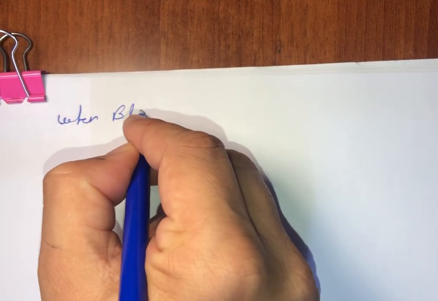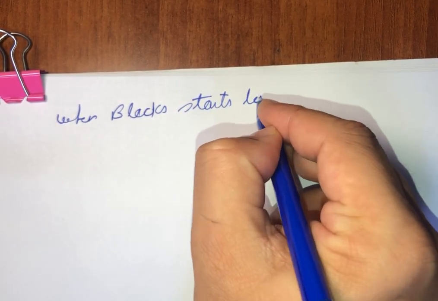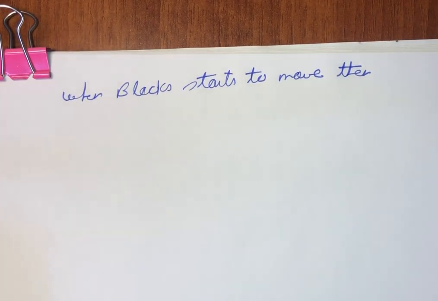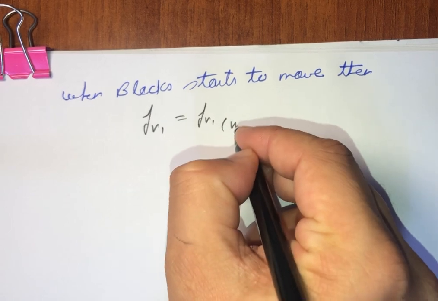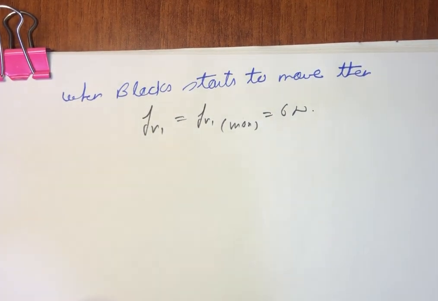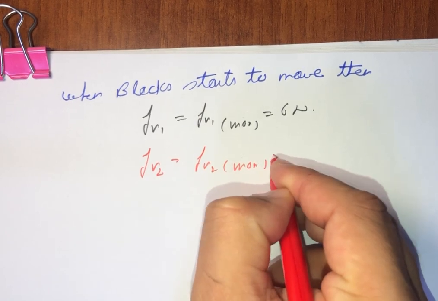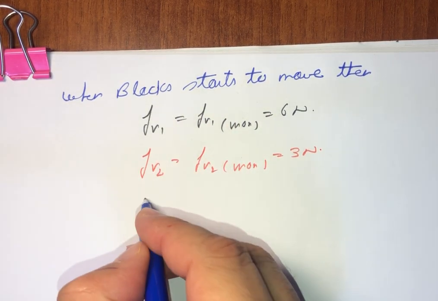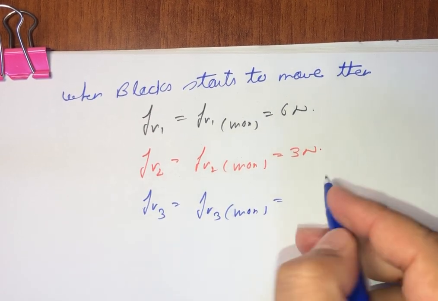When blocks start to move, then we have Fr1 equal to Fr1 max, and that value is 6 Newton. We have Fr2 equal to Fr2 max, and its value is 3 Newton. And we have Fr3 equal to Fr3 max, and its value is 1 Newton.